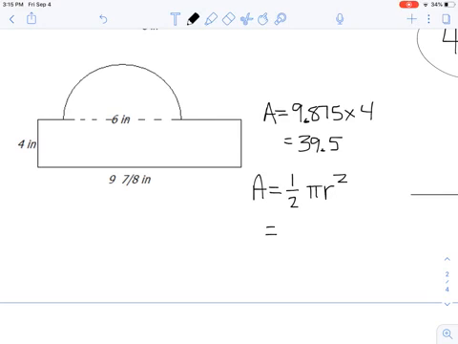So we've got 1/2, or I like to say 0.5, times pi, now times the radius squared. Now that's a problem because this 6 is actually the whole way across the circle. That's the diameter. We need to know the radius. The radius would be 3 because it's half of it. And we're going to plop all that into our calculator.